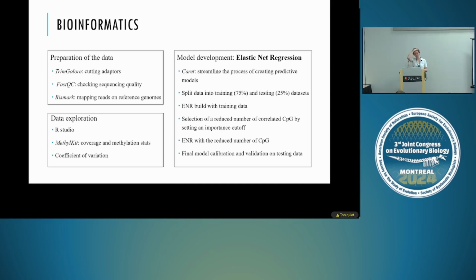And finally, there is the model development. Here I decided to make an elastic net regression. Why? Usually when we want to build a model that can predict things, here predict the age of my individuals based on CpGs, we use either lasso or ridge regression, but they both have negative sides. The elastic net regression has a parameter called simply alpha, with a value between 0 and 1.